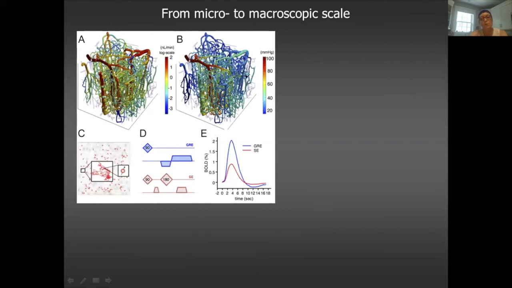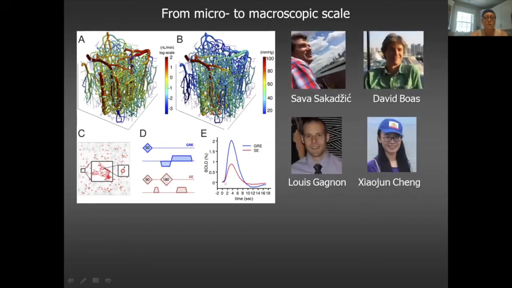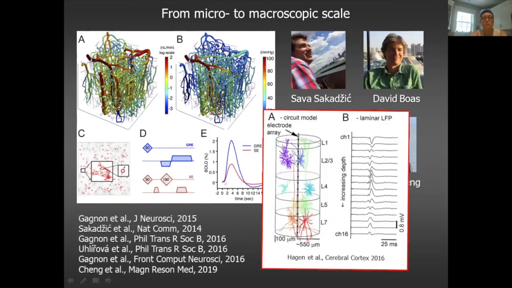And because this is in silico, we can also look at the diffusion and dephasing of the protons of water. We can impose different types of functional MRI sequences, and we can predict our functional MRI results. This is done in collaboration with David Boas and Sava Zakadzis. We also published lots of papers on this.